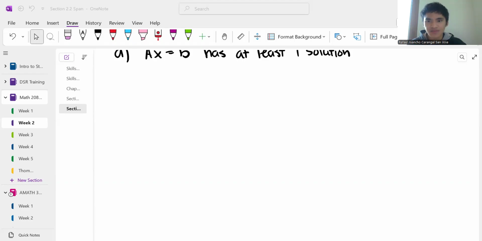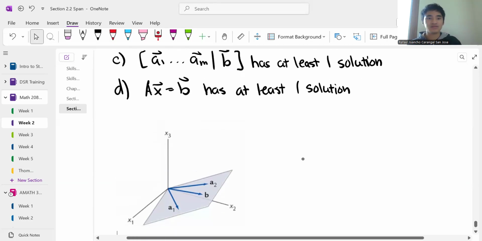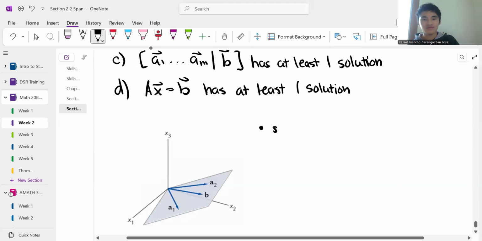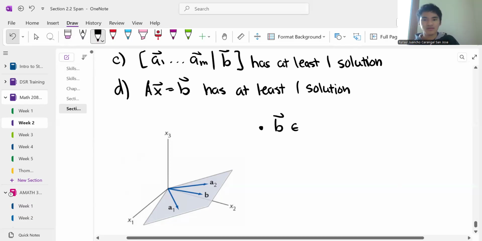Okay, here are just some examples of what that looks like. Those ideas go hand in hand. This is an example of all of them being true, right? Looking at it geometrically, you see that vector B is actually part of the span of A1, A2.